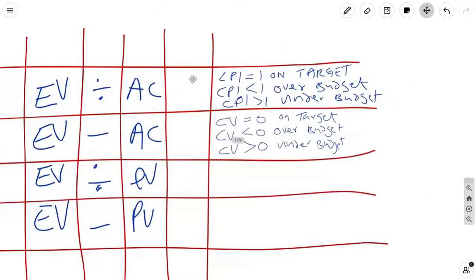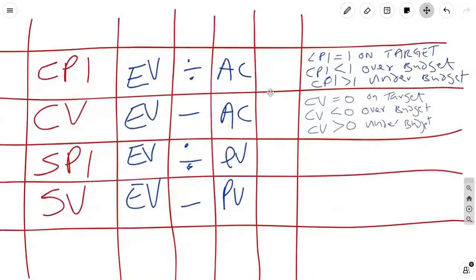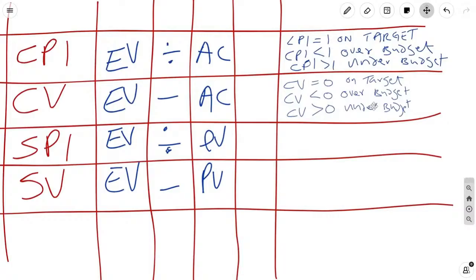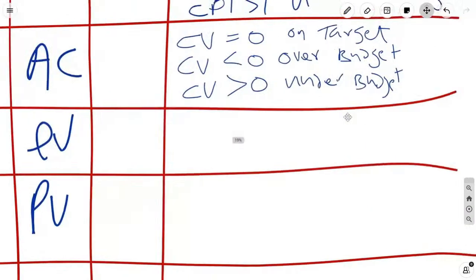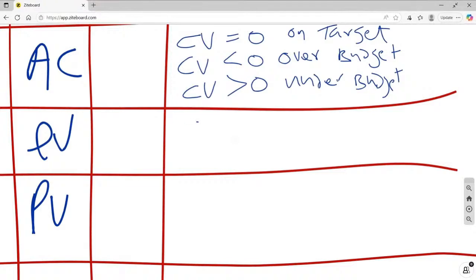All right, let's finish this off. Schedule performance index. Again, we're going to take that same logic. If your SPI is equal to 1, you are on target.